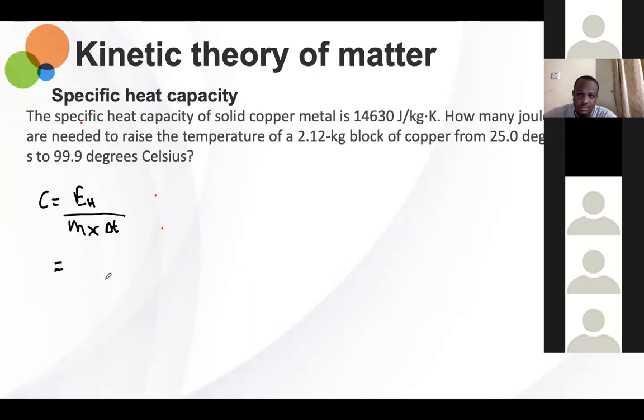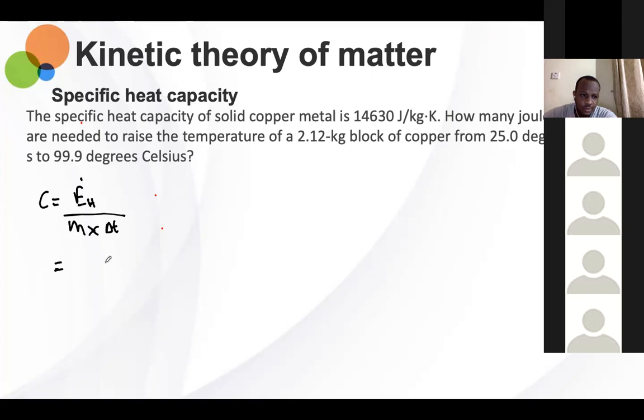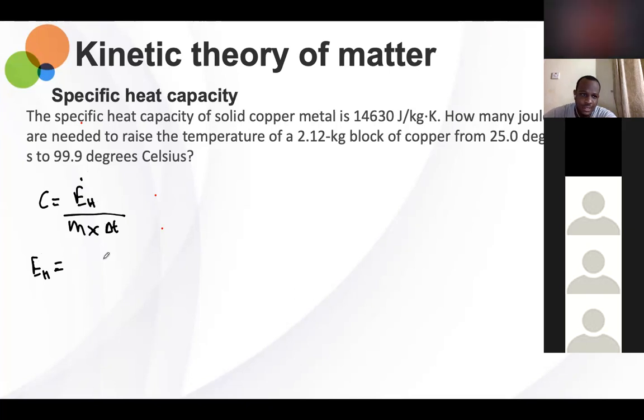All right. So we want to find our heat energy, right? So we'd have to solve for heat energy, place it on one side of the equation, and then we multiply both sides by mass and temperature change.